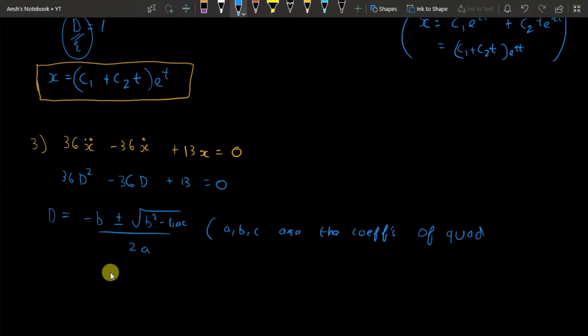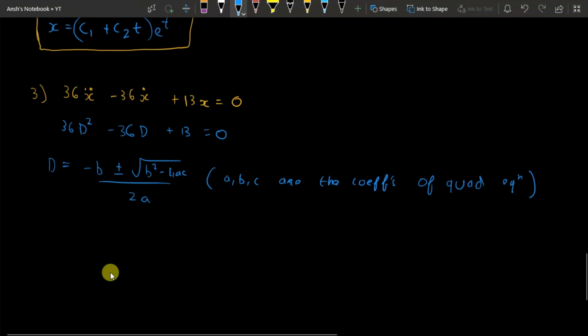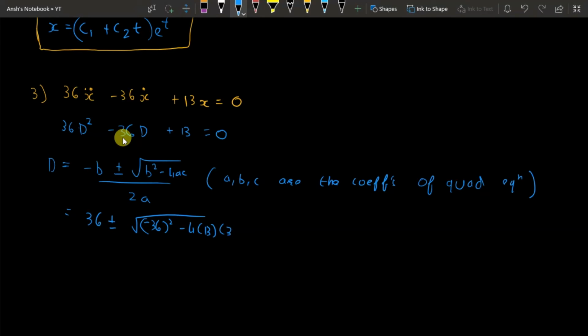So we'll just write that down, and we'll substitute the values. For b, b will correspond to minus 36, so minus of minus 36 will be plus 36. So we have 36 plus or minus square root of minus 36 the whole square minus 4 into 13 into 36, and this will be entirely divided by 2 into 36.